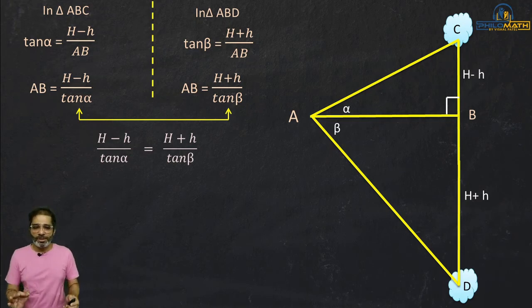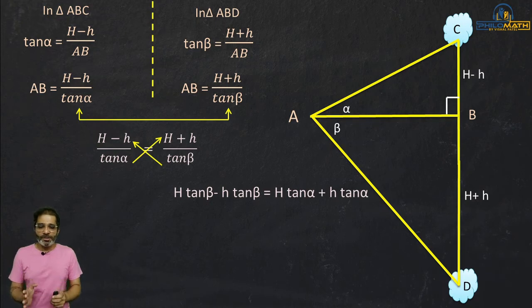Now the question is, we have to find the value of capital H. That is nothing but the height of the cloud above a lake. So let us cross multiply. So when I cross multiply, what I'll get, capital H tan beta minus small h tan beta equals capital H tan alpha plus small h tan alpha. So this step is simply cross multiplication.